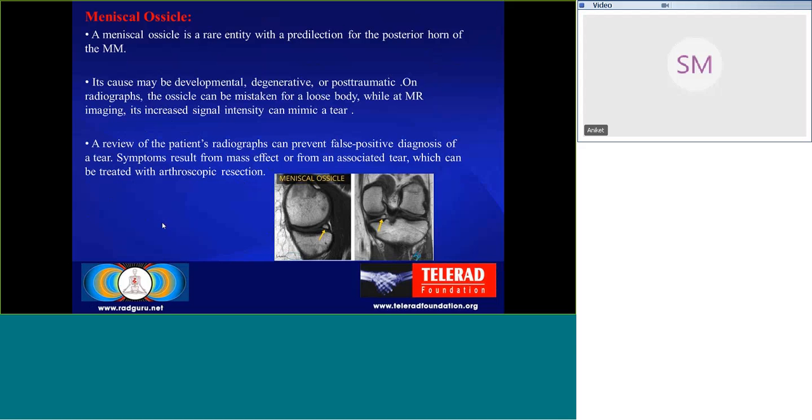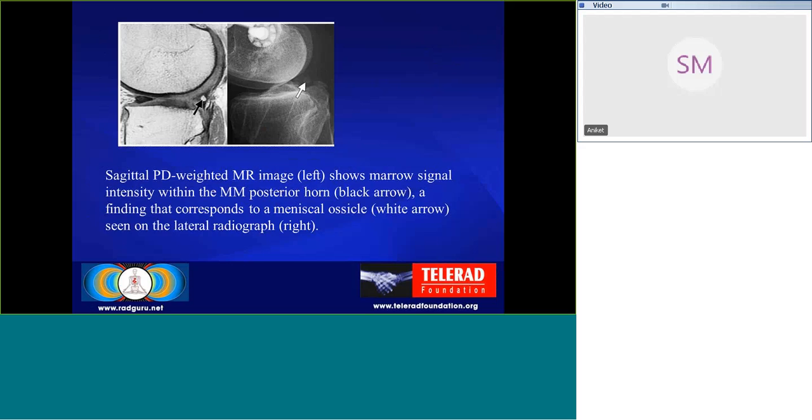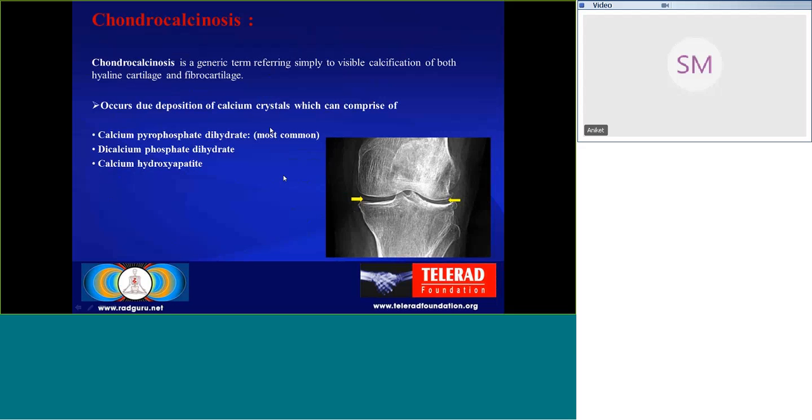We also need to correlate with the clinical symptoms. So we can see here a narrow signal intensity within the posterior horn of the medial meniscus, but on the radiograph we can see that it correlates very well with a meniscal ossicle. It's not a tear or parameniscal cyst.